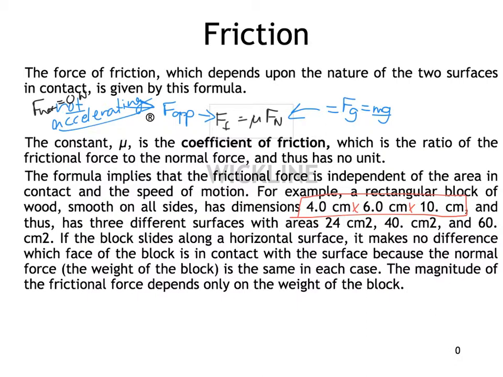The frictional theory says that no matter which side of the book is resting on the ground, whether it's a small side or a large side, the amount of friction will be equal no matter what. That's what all of this text is saying: no matter what part of the book is resting on the table, when you slide it, it's going to experience the same friction.